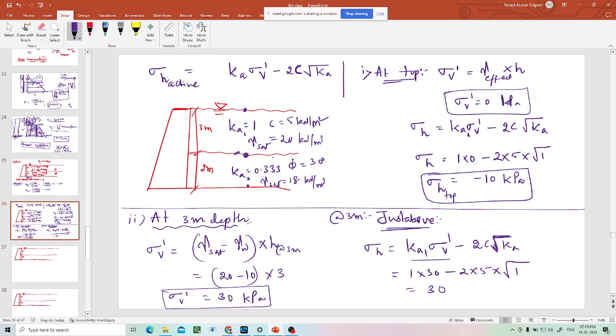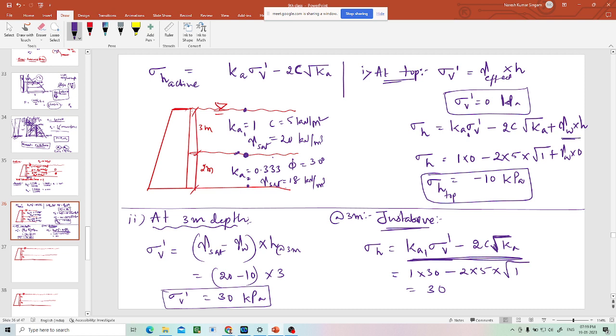This part is due to soil, but there is a water table also. From the top, if it is there, here we also have to add water pressure, gamma w multiplied by h, which is 0 at the top. That's why it is 0 total.